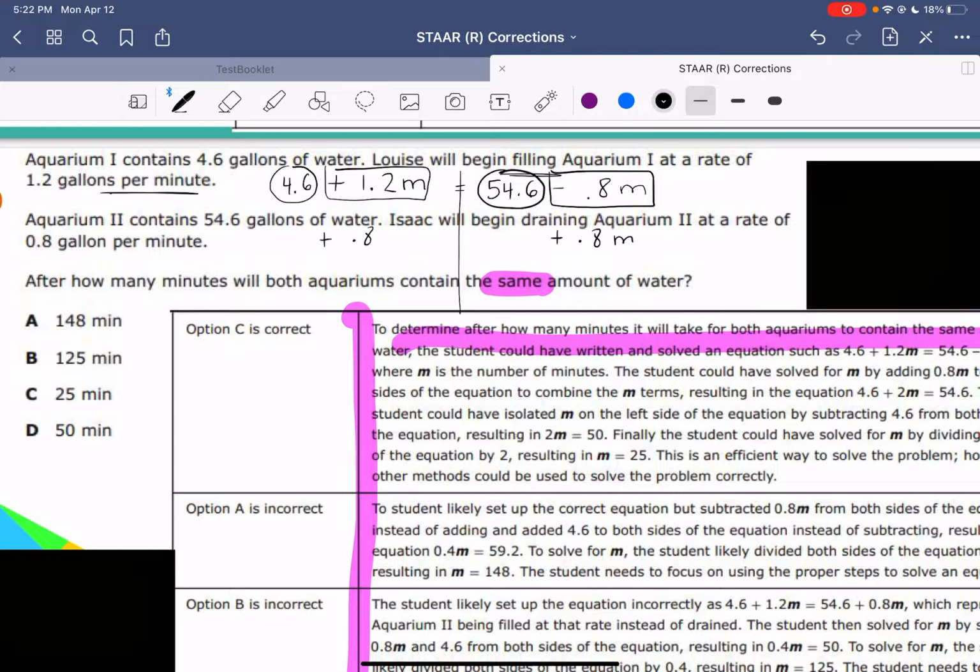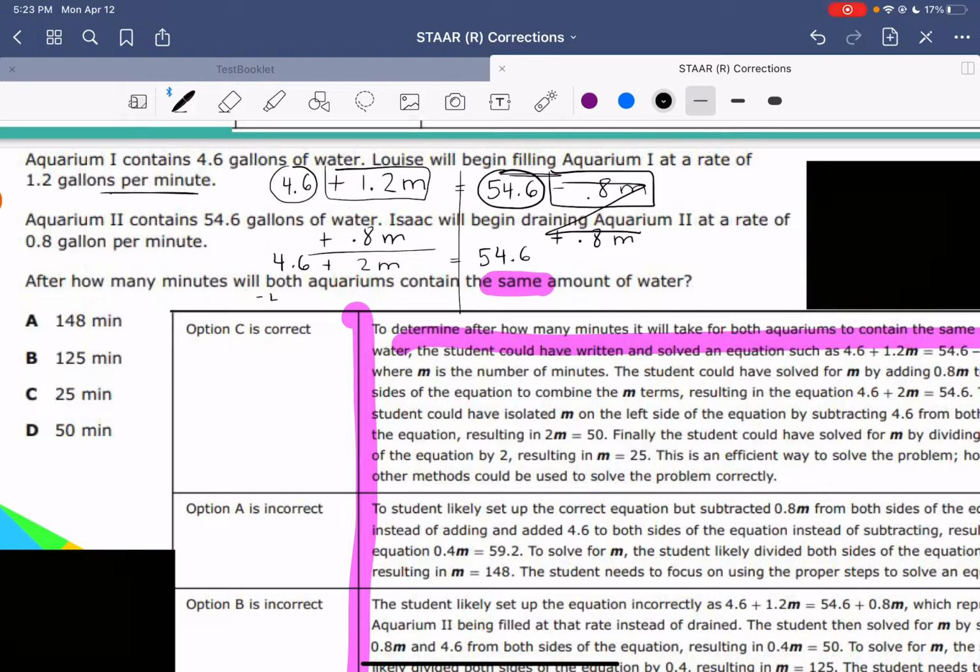Plus 0.8m. Over here that becomes 0, and we're left with 1.2 plus 0.8, which is 2m. Then we carry down what's left: 4.6 plus 2m equals 54.6. Since we have constants on both sides, we move the constant that's on the same side as the variable.